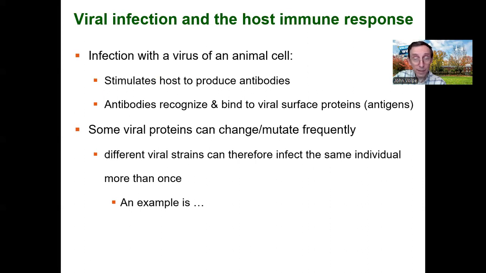The host can make antibodies to anything that the host recognizes as foreign, and if the host can recognize the virus as foreign, it'll make antibodies to it. These antibodies will recognize and bind to the viral surface antigens, meaning the antibodies will recognize and bind to what we call the antigens.